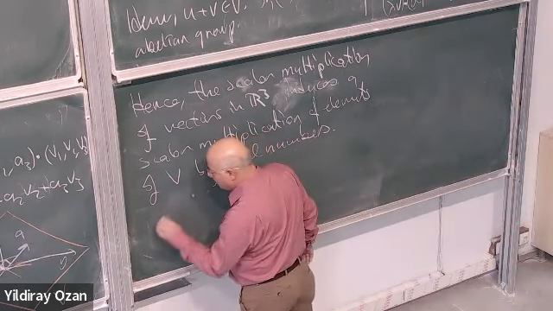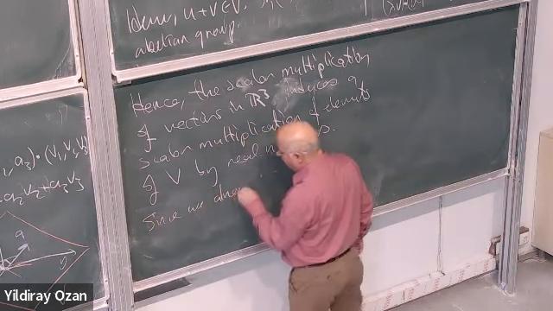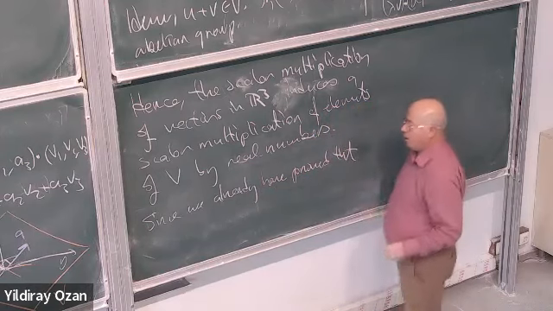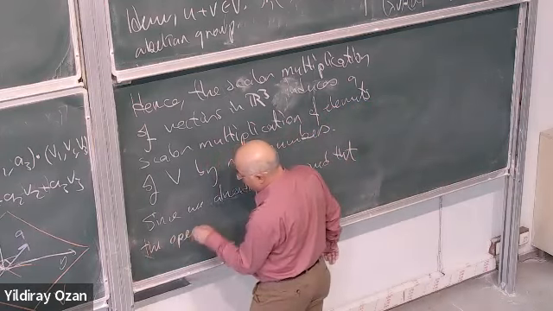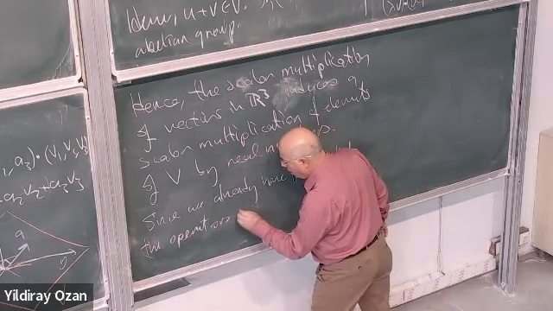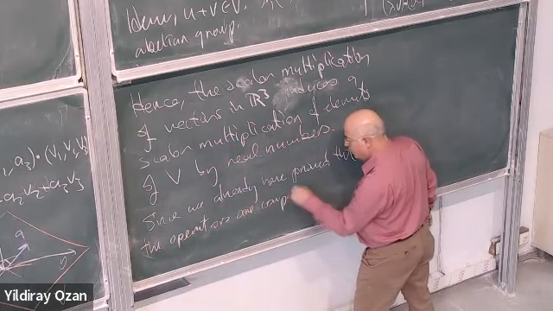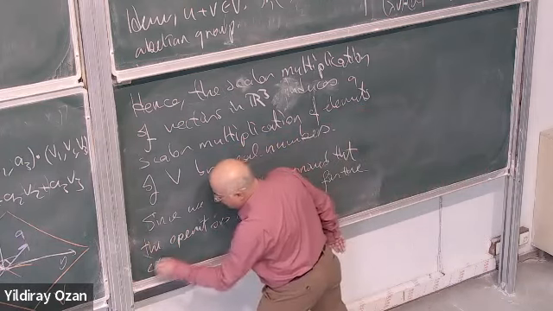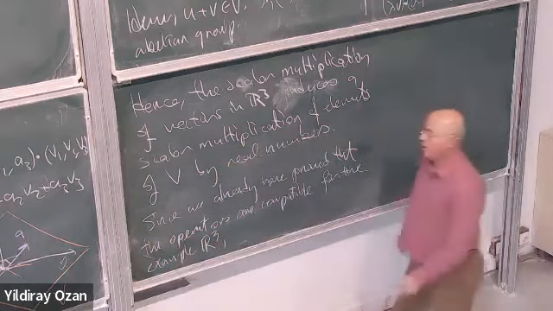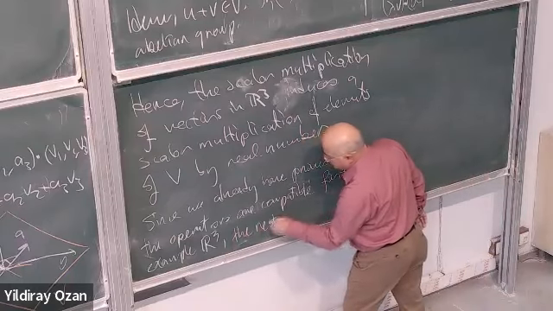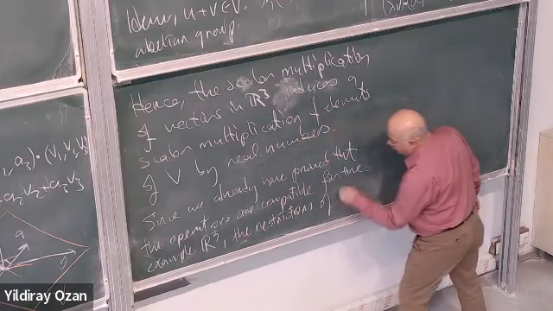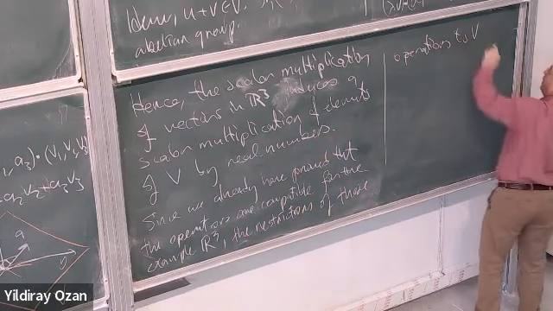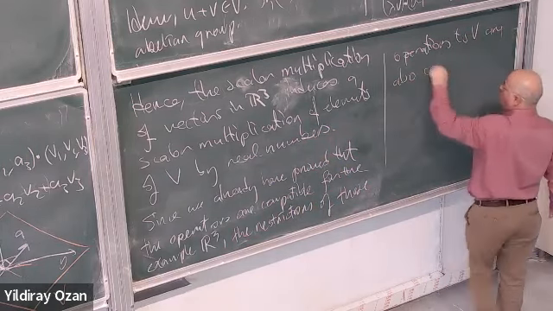So since we already have proved that the operations are compatible for the example R3, the restrictions of those operations to V are also compatible.